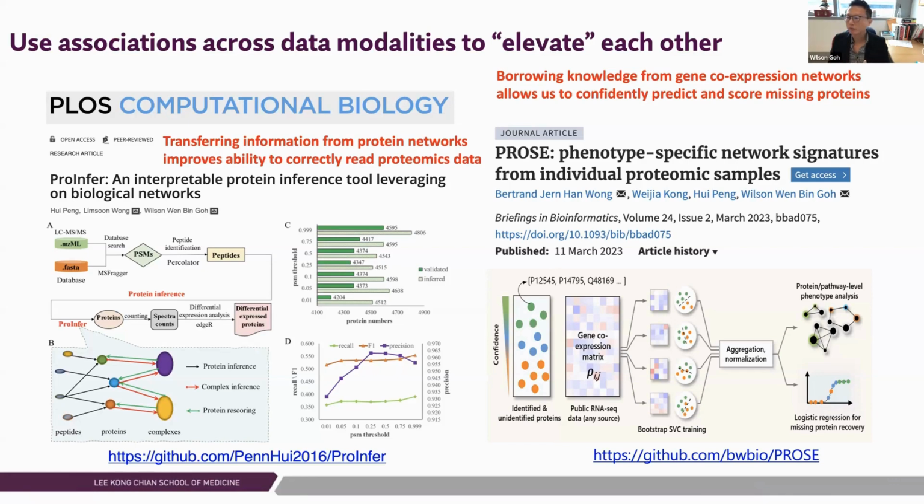Because we know this information, we can use the network information to rescore the spectra, to clean up the spectra and find out what kind of spectra correspond to proteins that should be present in the sample.